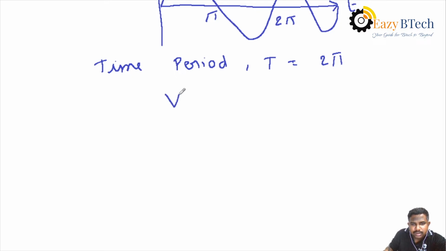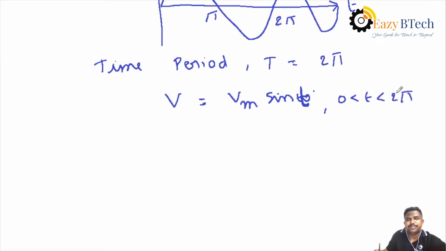And the function, v of t, what is the equation of the sine waveform? That is Vm sin t, where the x-axis variable is t. The limits are 0 to t less than 2 pi.